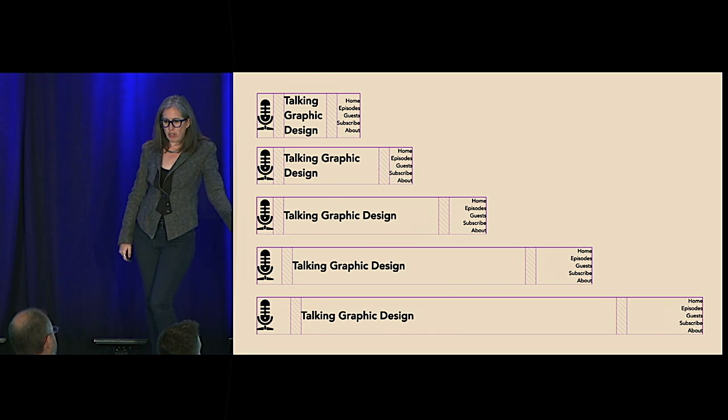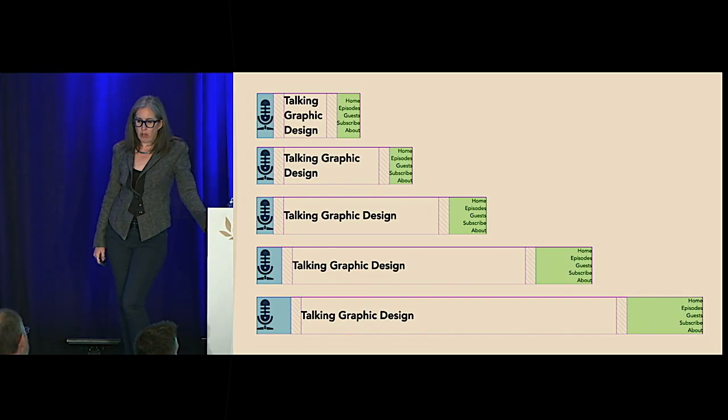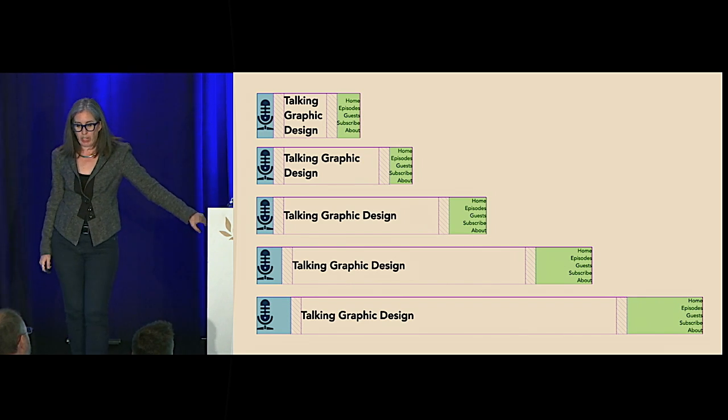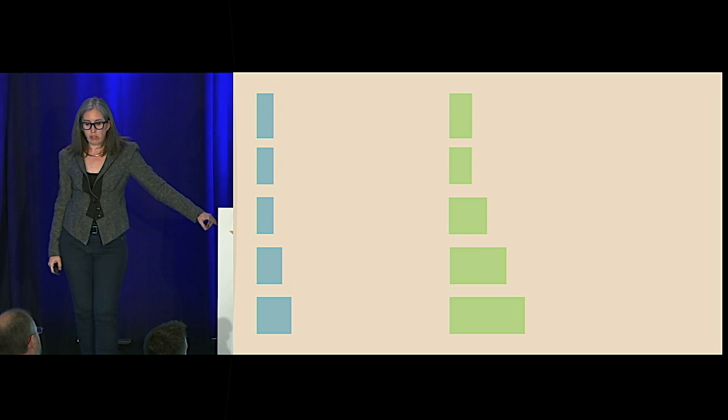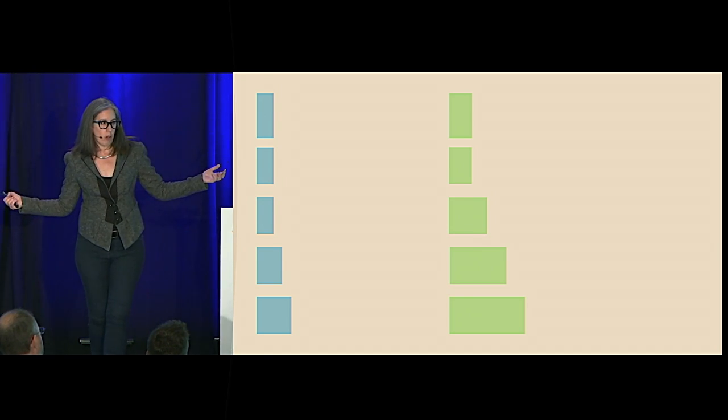You can see here, I've done this drawing to emphasize that, hey, does it really make sense for all that blue to take up a different amount of space? The same thing is happening with the navigation in green, right? You can see that when there's more space, that navigation column is getting bigger and smaller.